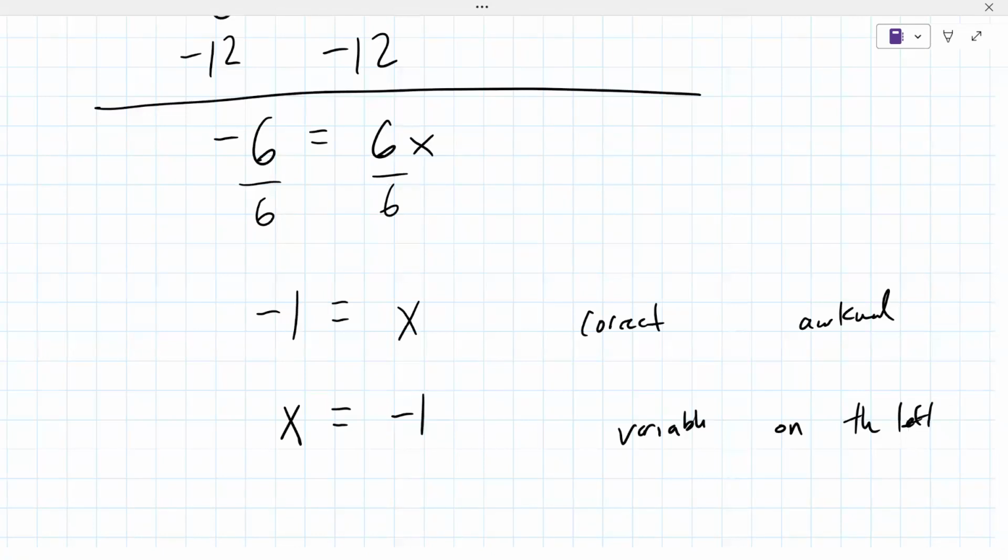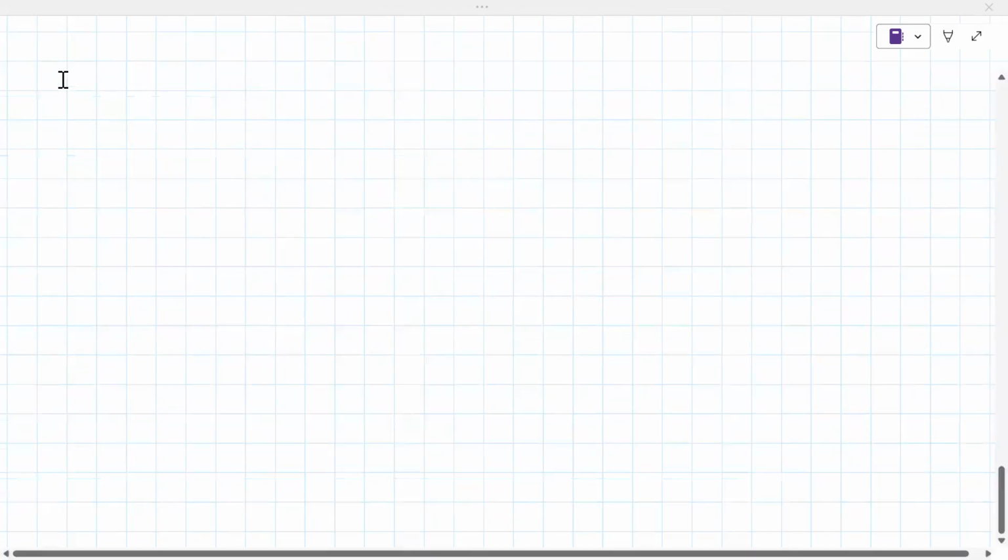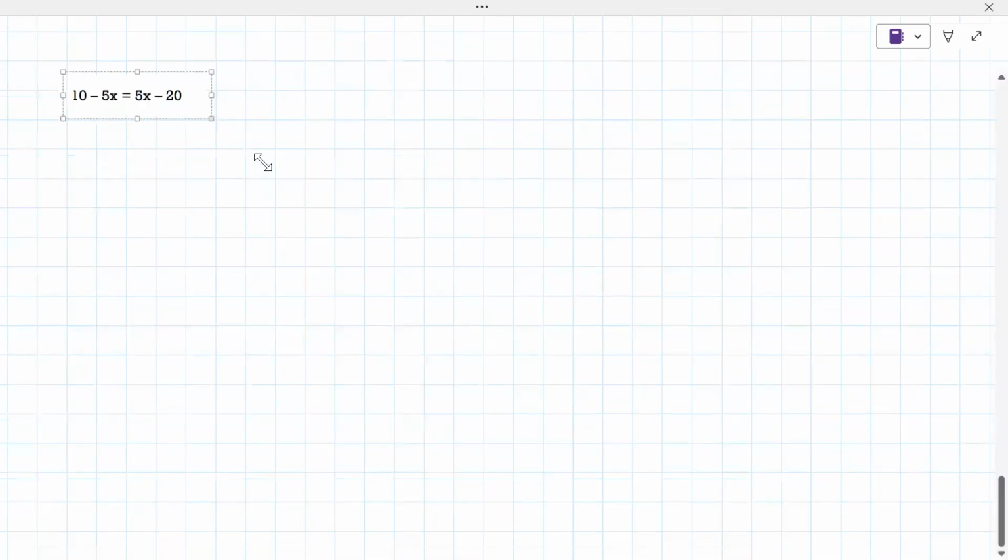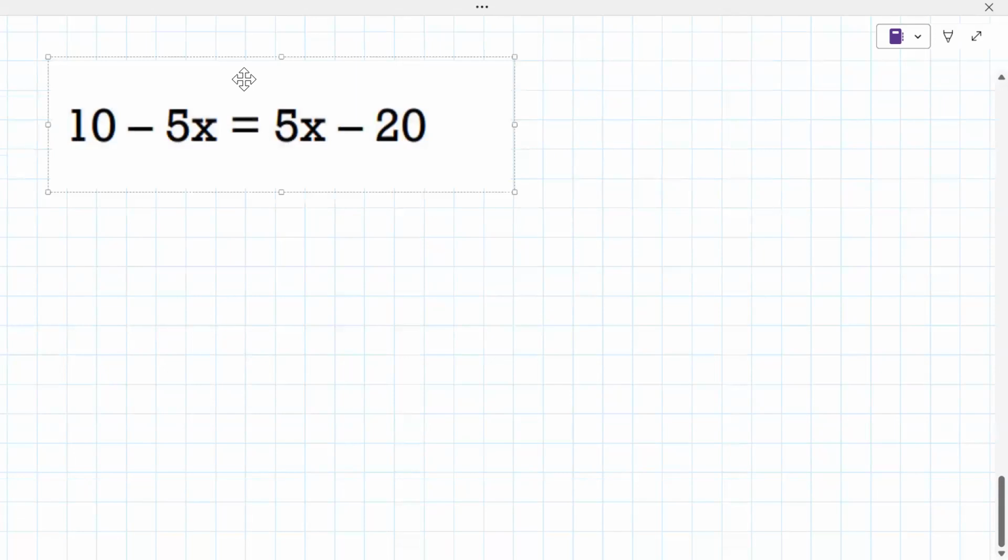sometimes you see where the variables almost appear to be the same. Let me grab this question and put it right up in the front here. So it's 10 minus 5x equals 10x minus 5x minus 20. Now, these are not the same.